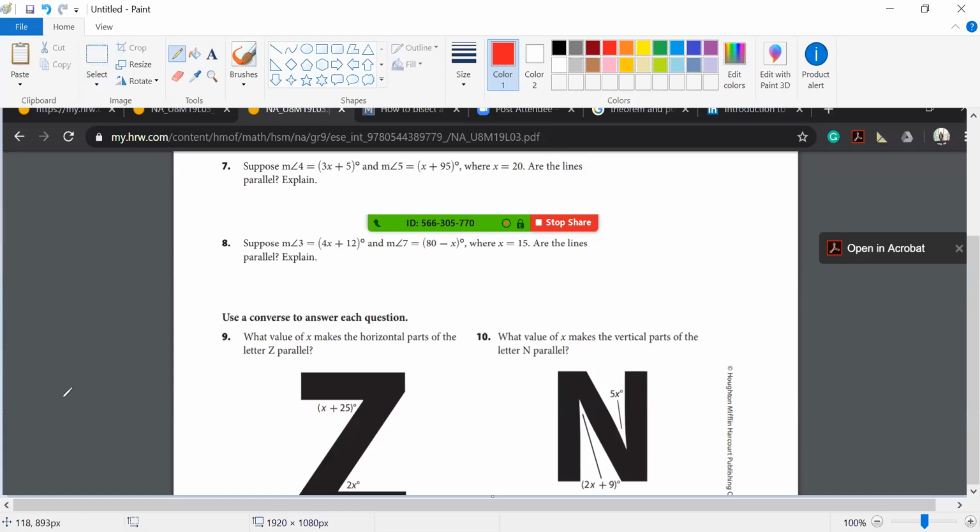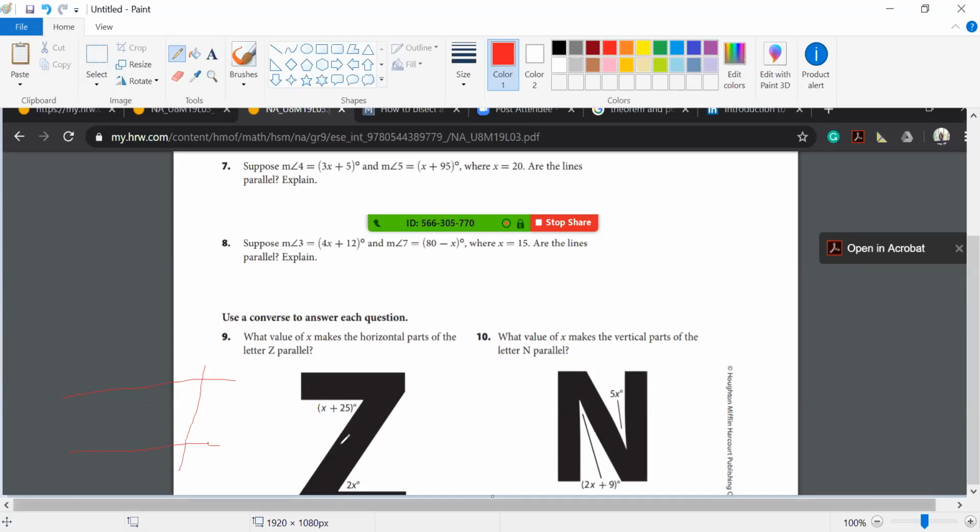If the Z is confusing you, as if we have 2 lines like this, and then we have an angle here equal to x plus 25, and the angle here equal to 2x. So what should happen to these 2 angles so that the 2 lines are going to be parallel? These 2 angles together, girls, which are these 2? Are they same side interior? No. Are they corresponding? No. Are they alternate exterior? Again, no. It's very obvious. They are alternate to each other, and they are inside, and actually they are forming the letter Z.